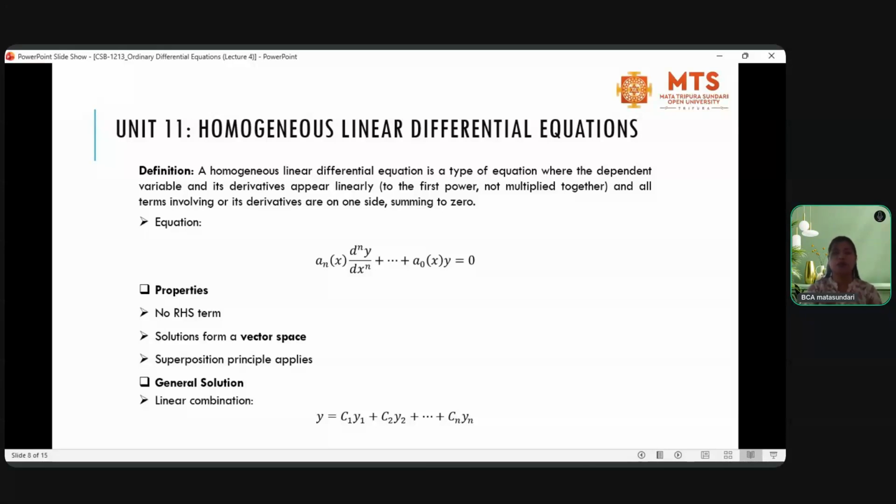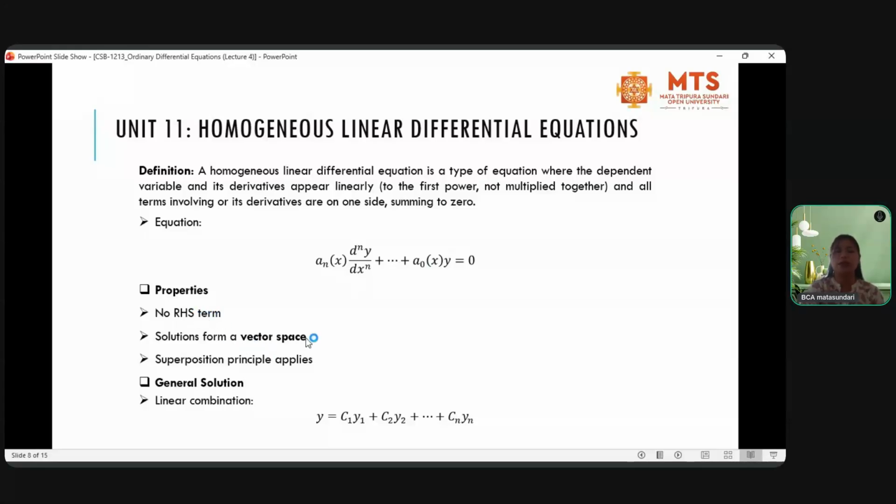So the equation looks like a_n(x) d^n y/dx^n plus ... plus a_0(x) y equal to 0, summing to 0. Properties: no right hand side term, RHS meaning right hand side term.